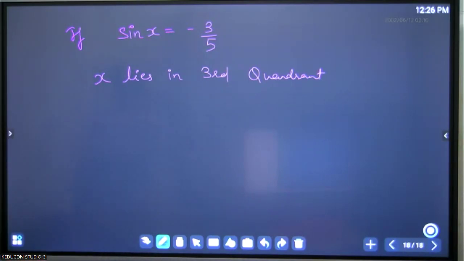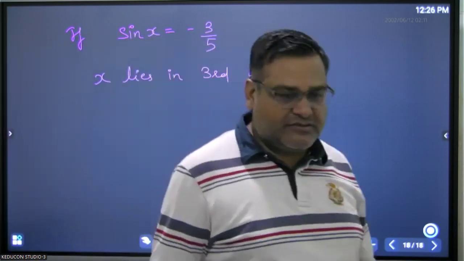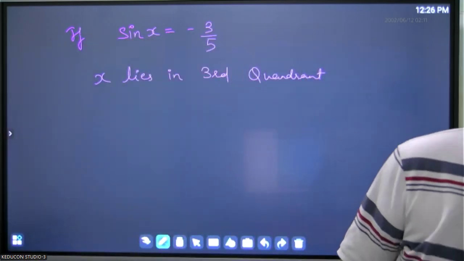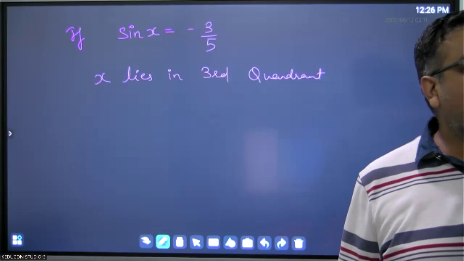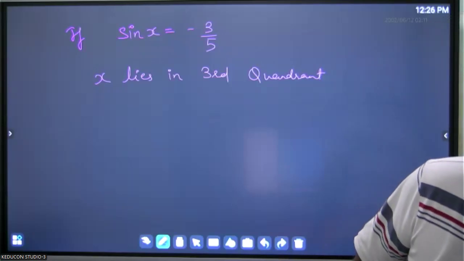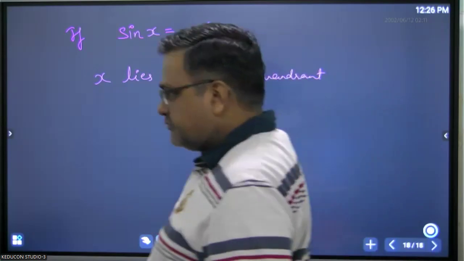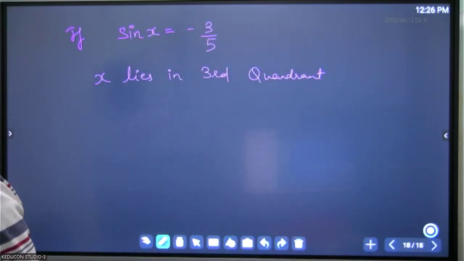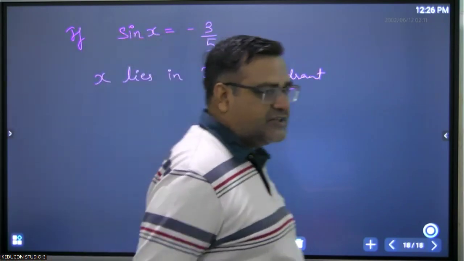Finding all other trigonometric ratios means finding the value of cos x, tan x, cosecant x, secant x, and cot x. Please do it, students.